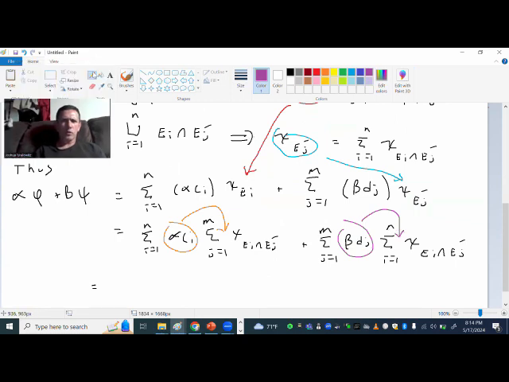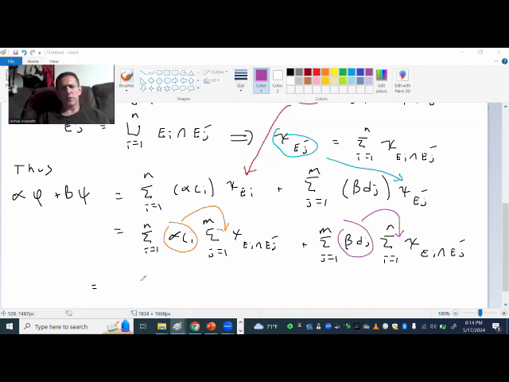There's absolutely no issues with interchanging orders of sums, even for infinite sums of non-negative stuff. You can always do that. But anyway, either way, this is the sum i equals 1 to n, sum j equals 1 to m, alpha c_i plus beta d_j.